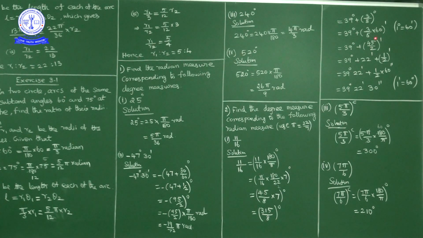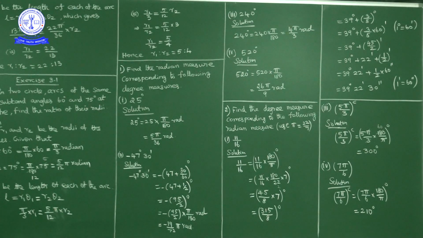Now 45 divided by 2 is 22 with remainder 1, so half a minute. So 39 degrees plus 22 minutes plus half a minute. Half a minute in terms of seconds is 30 seconds because 1 minute is 60 seconds. So 39 degrees 22 minutes 30 seconds. Okay, next question.